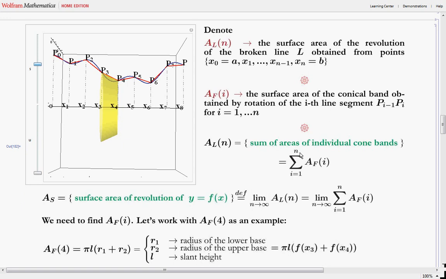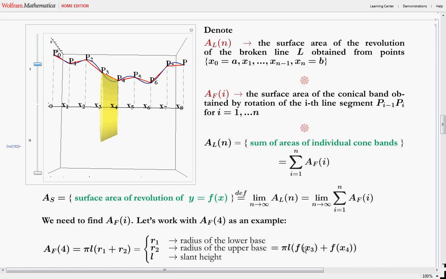Using these symbols, we can compactly write the idea that we will be pursuing, namely that A sub s, the area of the surface of revolution of f, is equal to the limit of the areas of revolution of the broken lines, A sub L, and that in turn is equal to the limit of sums of surface areas of individual frusta, which were obtained by rotation of individual line segments of L.